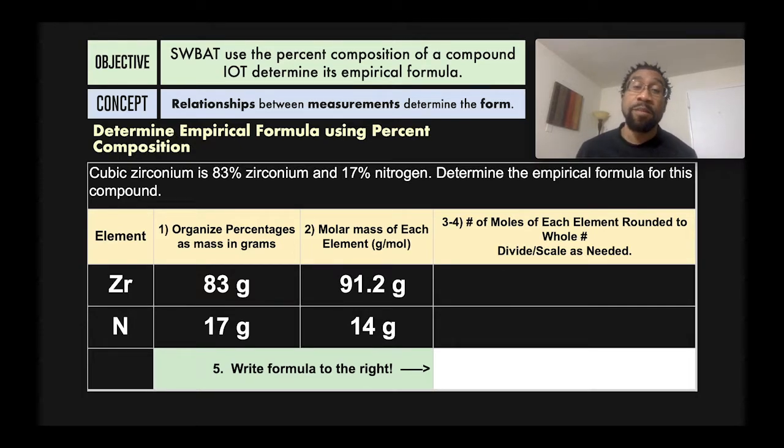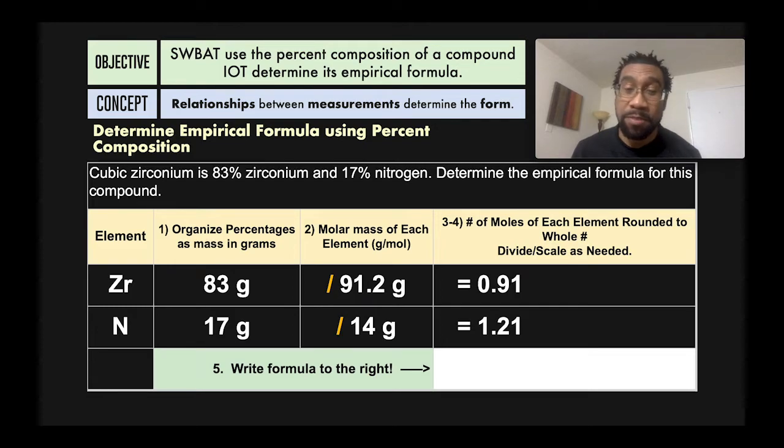Okay. What's our next step? We are going to divide across: 83 divided by 91.2 and 17 divided by 14. This gives us 0.91 and 1.21. Okay. Excellent. I'm glad you know how to use a calculator.